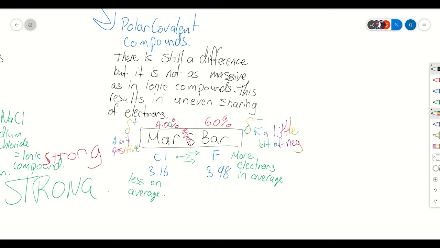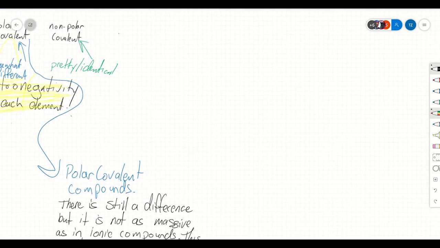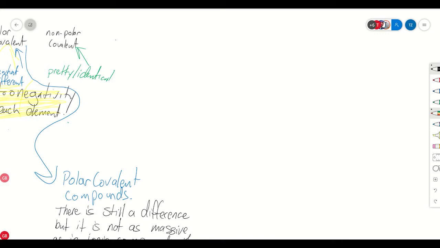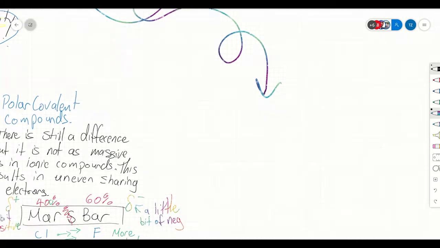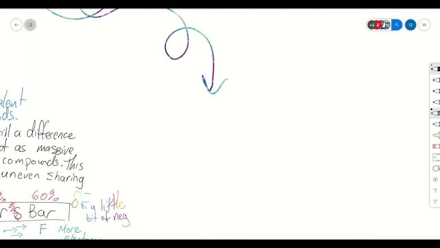And then finally, the next part that we're going to go to is polar or non-polar covalent. So let's go on a magical journey with this funny magical colored pen. And we're going to go down to here. So we're just going to go right of the polar covalent, and we're going to go to the non-polar covalent.